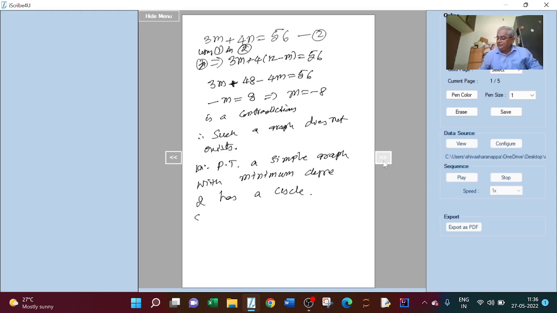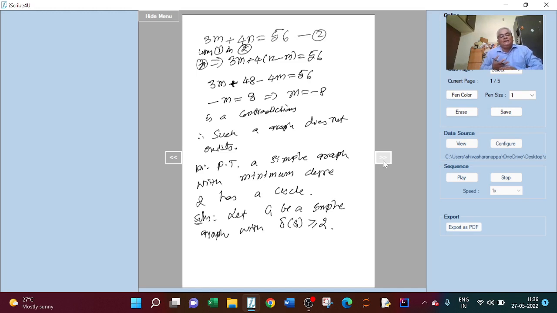Let G be a simple graph with minimum degree delta G greater than or equal to 2. I have to show that this has a cycle.